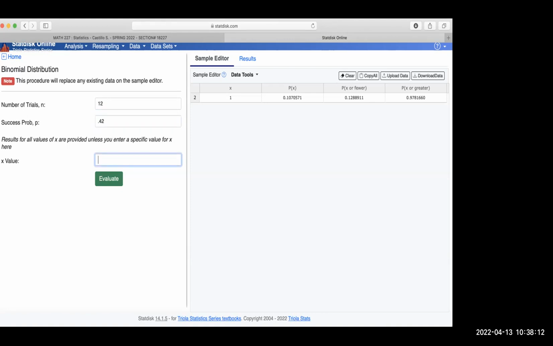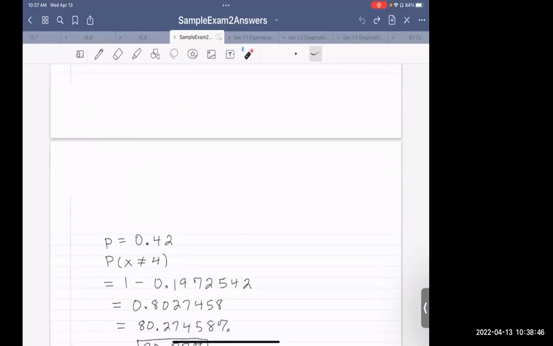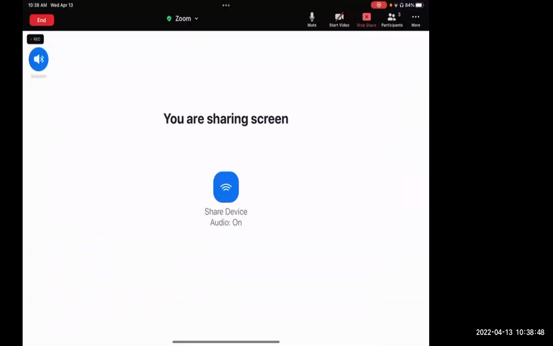And I want x equal 4. When you evaluate it, you get 0.1972542. I'm going to have to write that number in my iPad. When using StatDisk Online, it's going to require you to do a little bit of arithmetic.